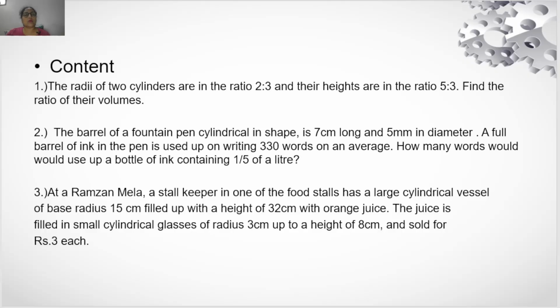Similarly, the third question, at a Ramjan Mela, a stall keeper in one of the food stalls has a large cylindrical vessel of base radius 15 centimeter filled up with a height of 32 centimeter with orange juice. The juice is filled in small cylindrical glasses of radius 3 centimeter up to a height of 8 centimeter and sold for rupees 3 each.